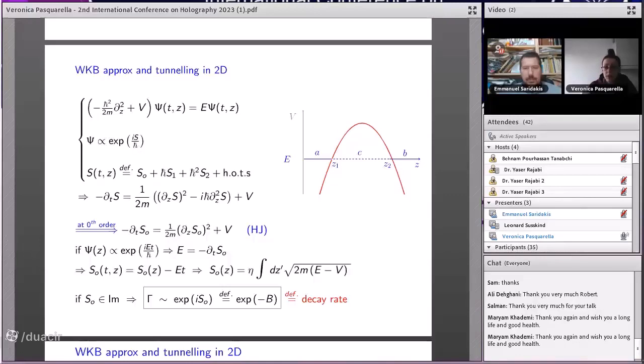Now, assuming that the wave function is an eigenfunction of energy, we can obtain an explicit expression for the action to 0th order, and assuming that the energy is smaller with respect to the potential, we get this final expression, which enables us to define the decay rate, which is a function of B, which is the bounce.